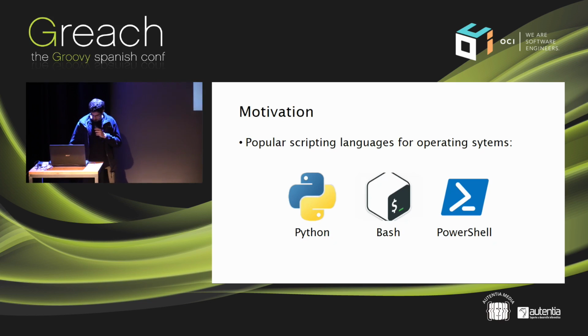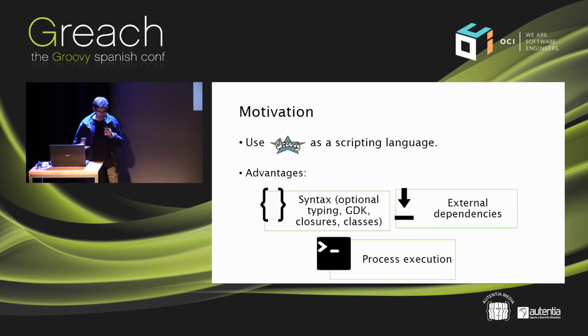So, we can also use Groovy as a scripting language. Why? Well, because it has some advantages, which probably you all know. The syntax is very readable, concise and precise.